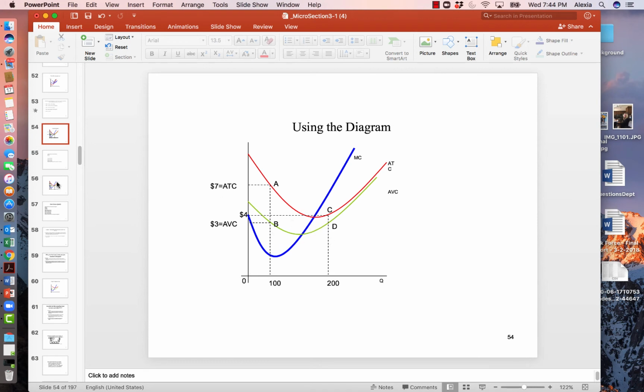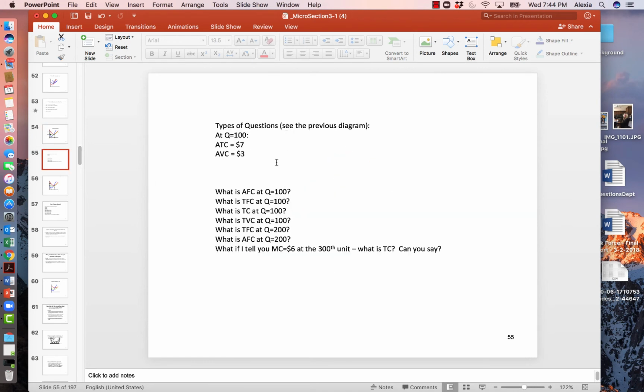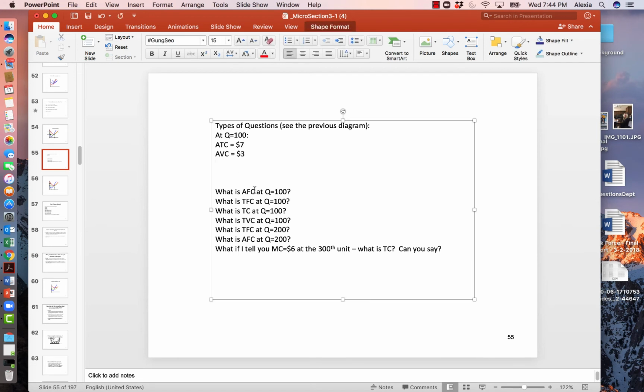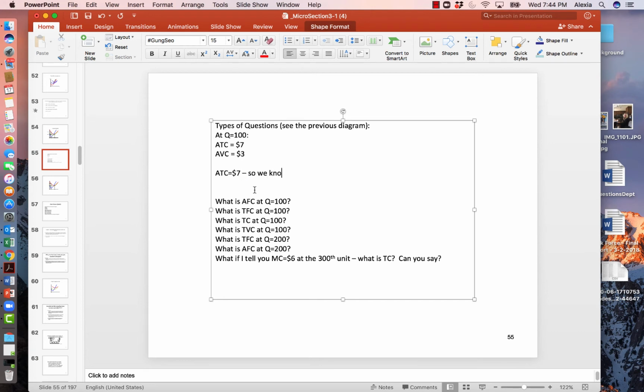So the types of questions you would have would be, from that diagram, at Q of 100, given average total 7 and average variable 3, how do we get this? Remember, average total cost is the combination of average variable plus average fixed. And total costs are equal to total variable cost plus total fixed cost.